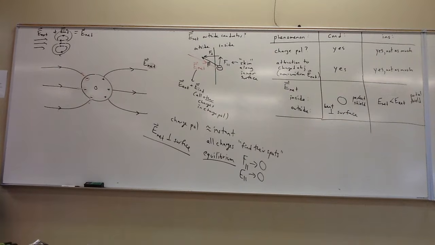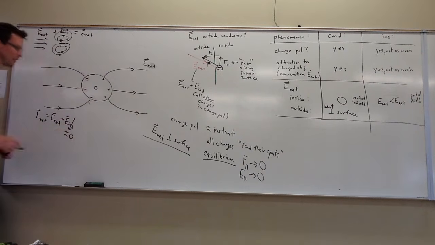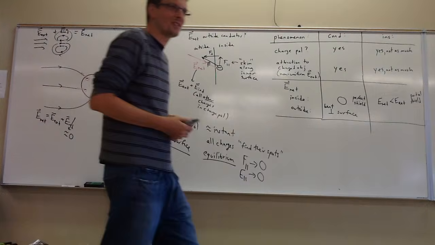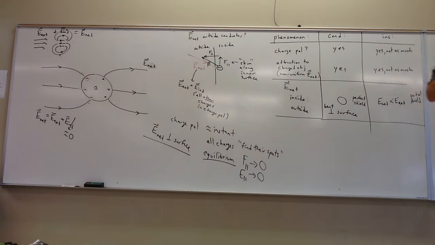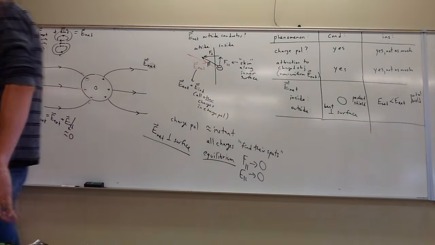Now that's locally where E induced matters. I should mention out here, E net, which is E external plus E induced, starts to look strikingly like E external on its own, and that's because this is starting to not matter, right? E induced is strongest near the conductor. It gets weaker and weaker and weaker as you get further away from it. Whereas E external is uniform and never dies.